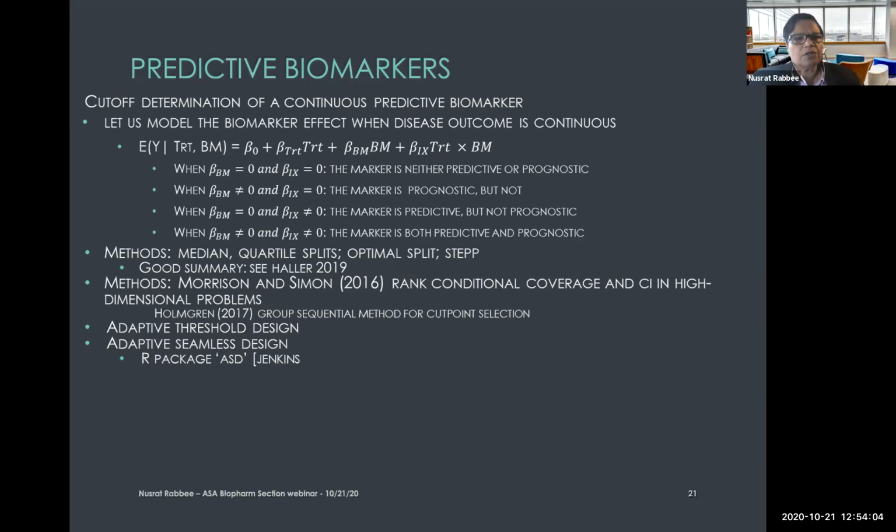But sometimes you are in the situation where it's a continuous biomarker and you don't know where to draw the line, and you as a statistician are called in to start gathering evidence on where to dichotomize that continuous biomarker. Most of the statistical literature will say that you lose power. It's not a good idea to dichotomize a continuous biomarker. But lo and behold, that's exactly what we have to do.